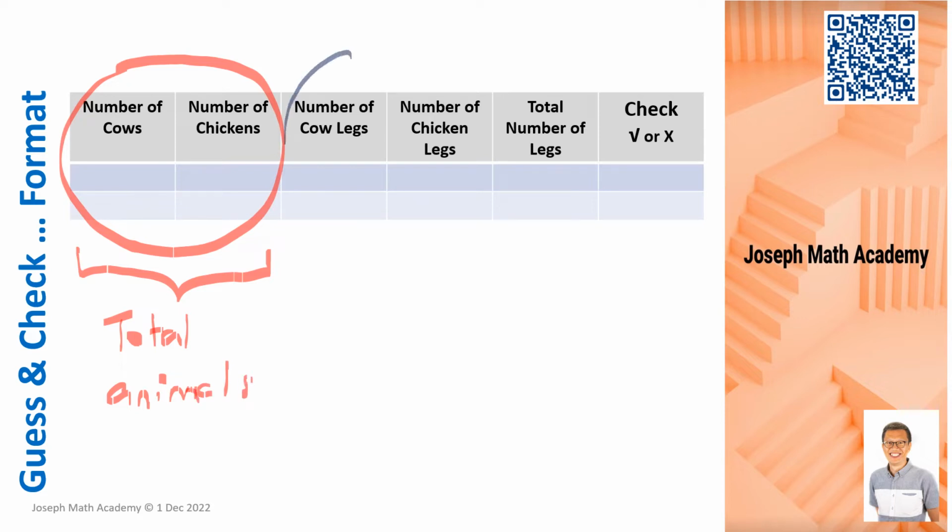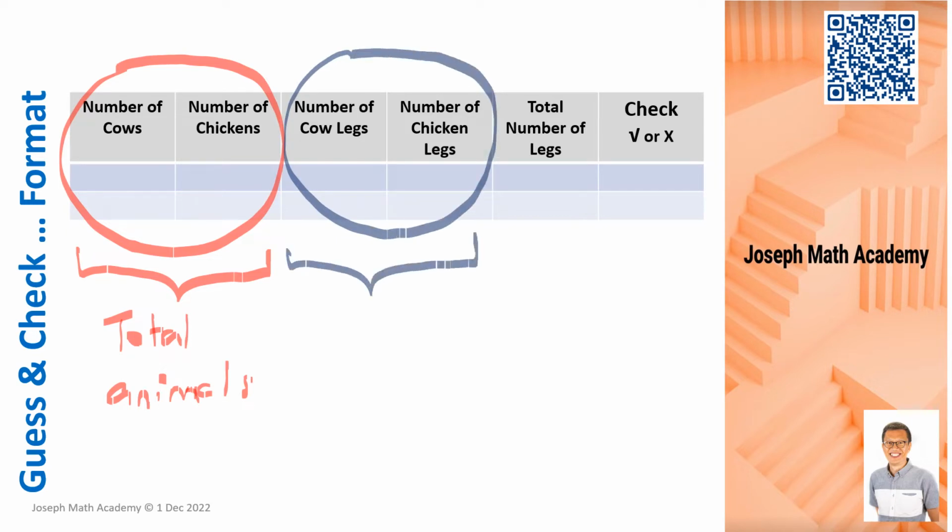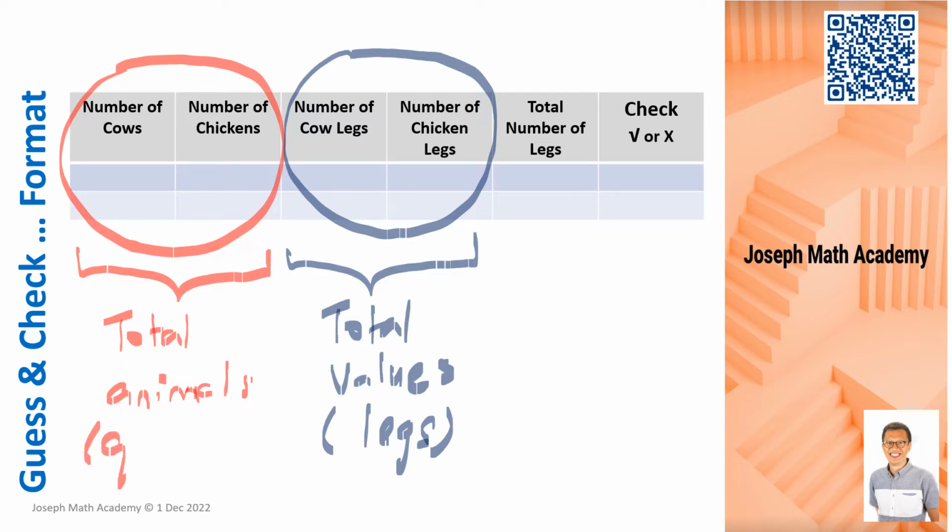The third and fourth columns should usually add up to give you the total value. So the total values in this question will be the total number of legs. The first two columns will be the total number of quantities, which is animals.